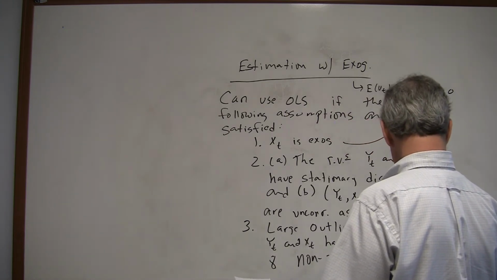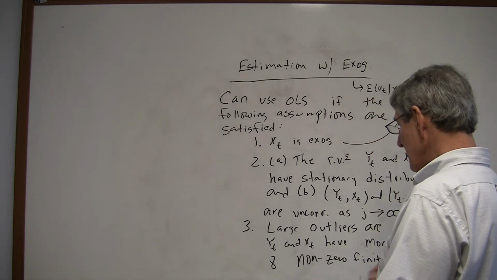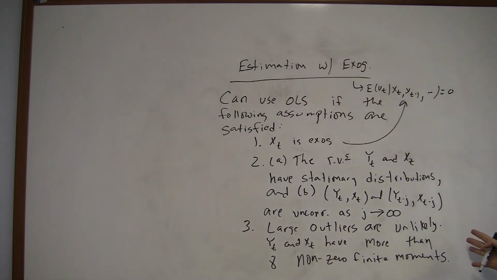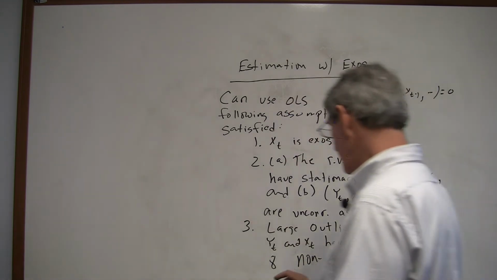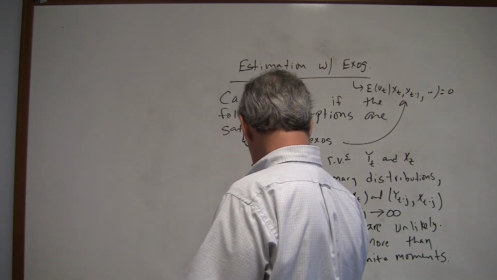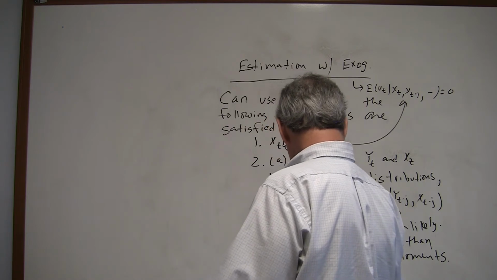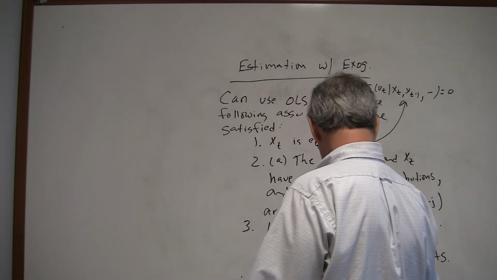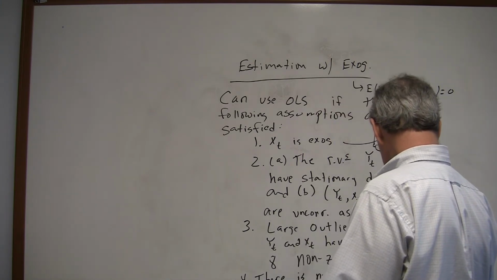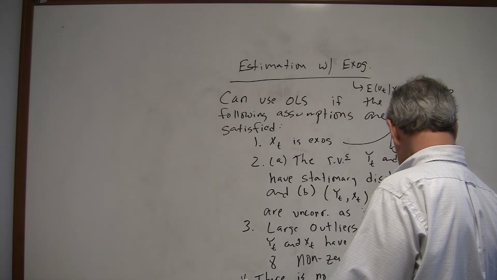Because of the correlation that you can have in time series models, you need a more restrictive condition. So this is the only thing that's really different so far. A more restrictive condition for outliers. And the fourth one is there is no perfect multicollinearity. Nothing new there. It's just something we have to note as one of our assumptions.